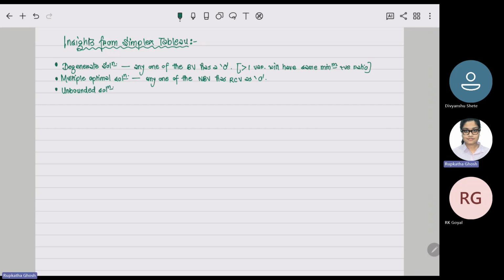So unbounded solution is if only one non-basic variable is there to become a basic variable, and at that stage, we are not able to have any leaving variable. When does this happen? This happens if we are not able to get any positive ratio to identify a leaving variable.